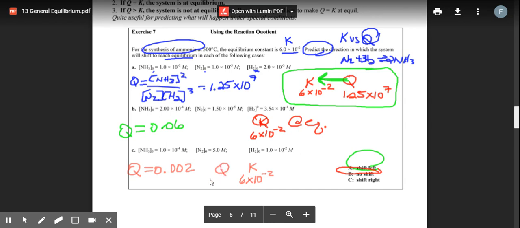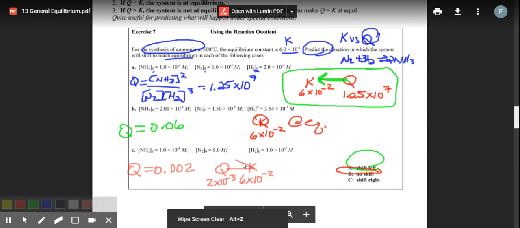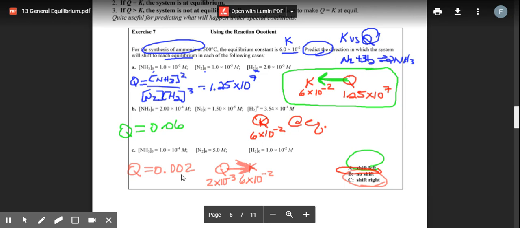Well, Q is less than K. So what that means is that because Q is less than K, my reaction is going to shift towards my products, to favor the products. How do we justify that? Well, because I show my math, I would say Q is less than K, so therefore my reaction will shift to favor the products. And that should give you good credit.